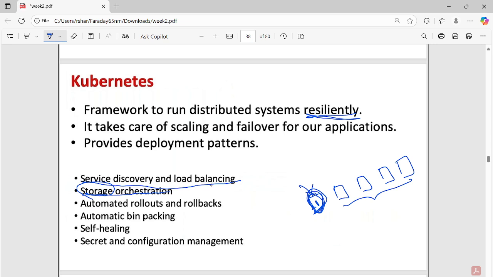So let's consider that we describe a specific desired state for our container using Kubernetes, and we have deployed a container. You could have seen the deployment in the demo session.